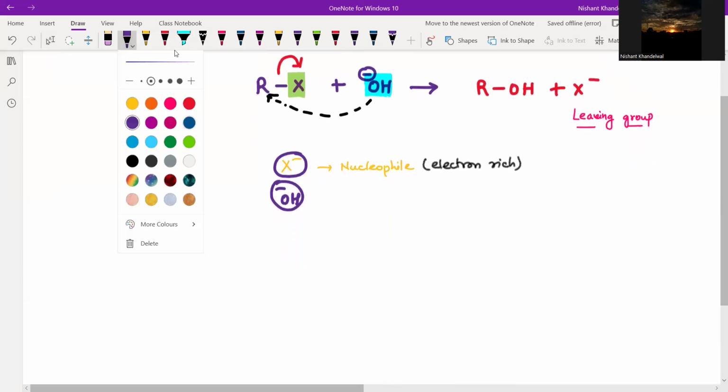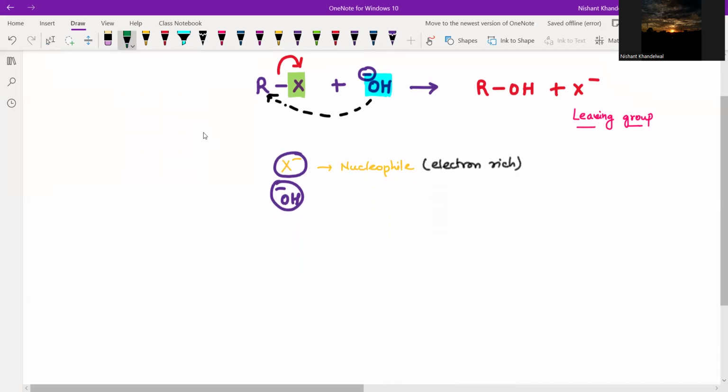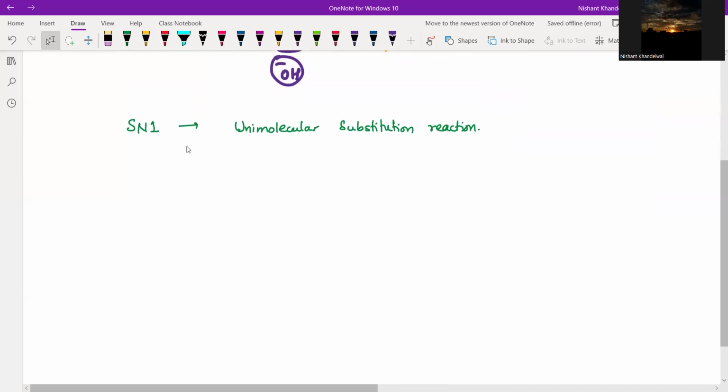So today we will discuss SN1 only. So the first one is SN1. It is called unimolecular substitution reaction. So in unimolecular substitution reaction, generally we take our substrate, that is alkyl halide.